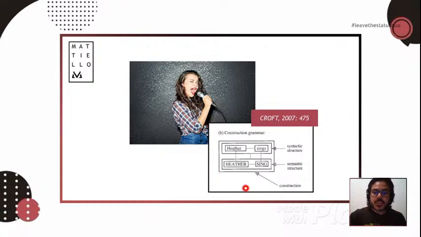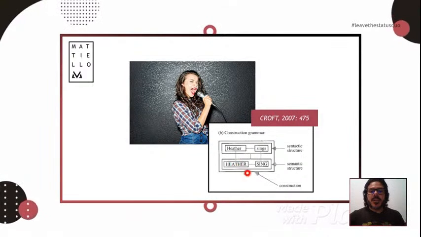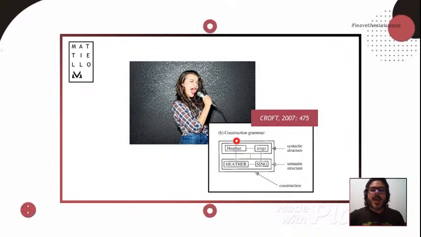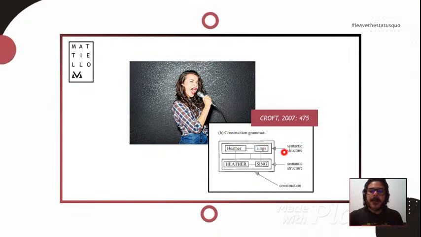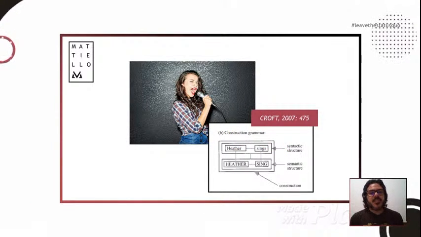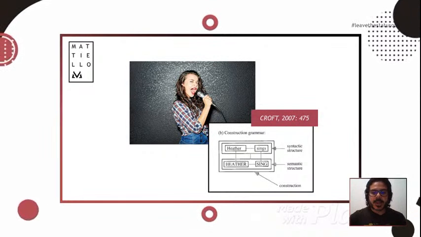And we have the construction. What's the construction? This whole thing. Because the construction is the concepts, the linguistic representation, and the exteriorized construction. When we speak, when we produce, then we have this construction.